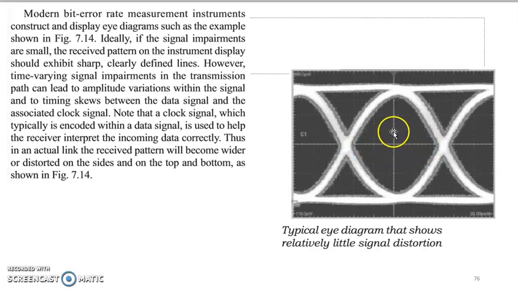So we can sample the data within a particular period, that bit duration. And this one is a vertical distance, and with that vertical distance we can identify the level of the signals 1 and 0. These are the zero crossings. We can say that is the threshold for the given eye here.